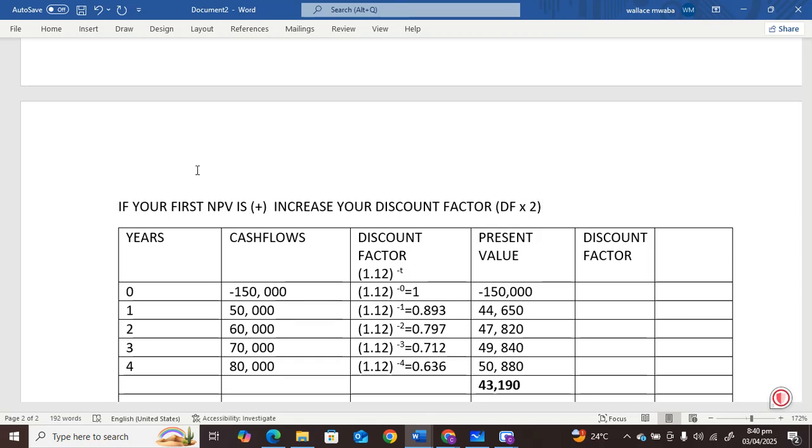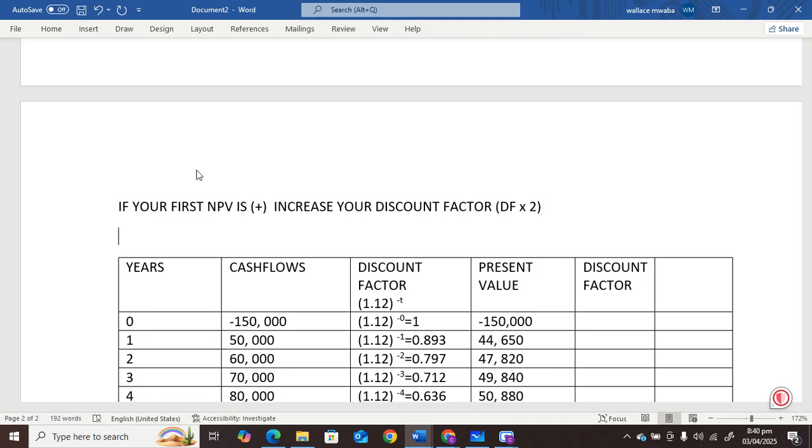Or if you don't want to multiply by 2, just get a higher discount factor which you know will give you a negative net present value. And if your first NPV is negative, decrease your discount factor.